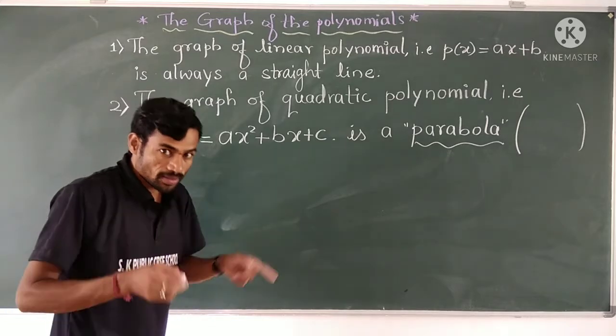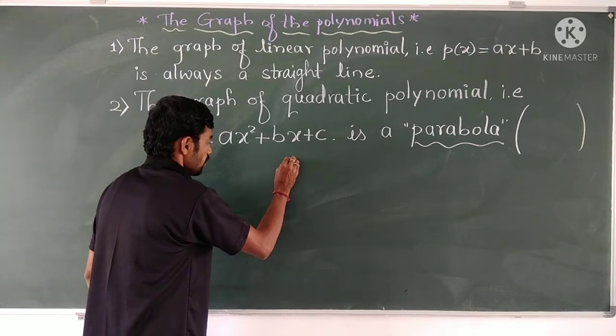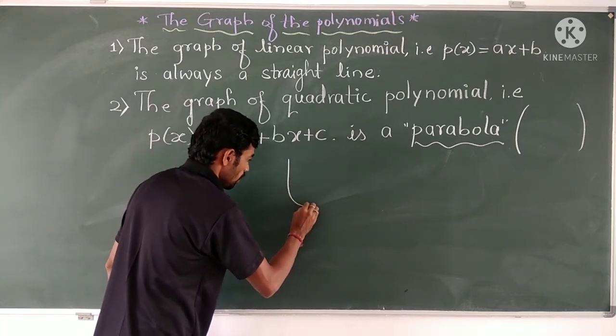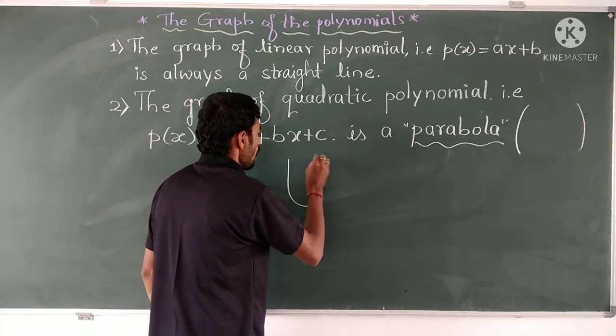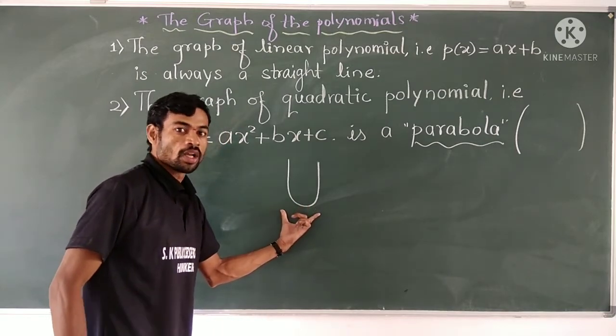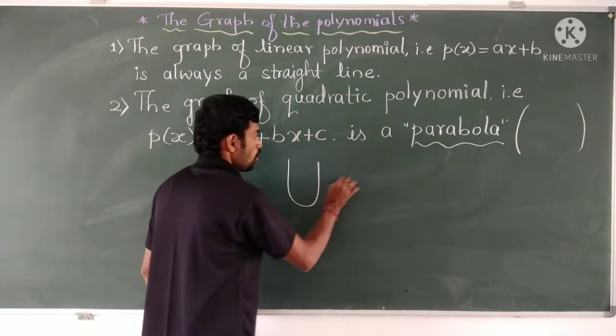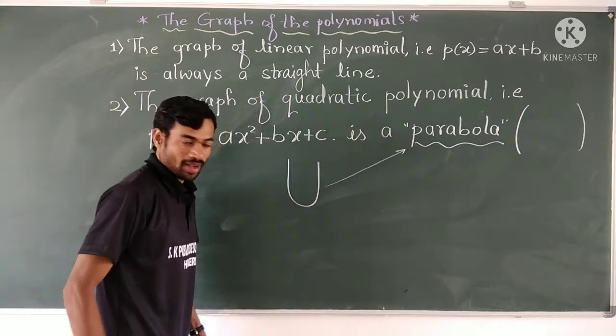What is the parabola? Just look at it. This is one of the open upward U diagrams. This is called open up, that is U. This is one of the parabolas.